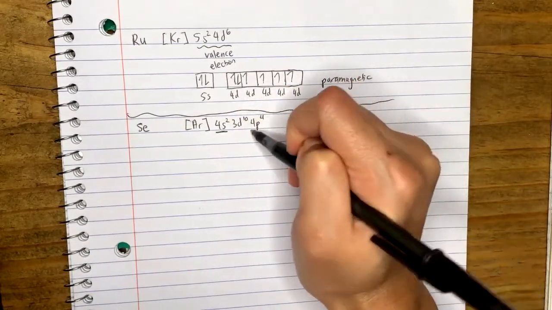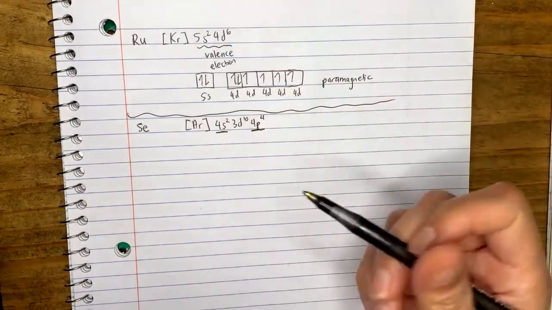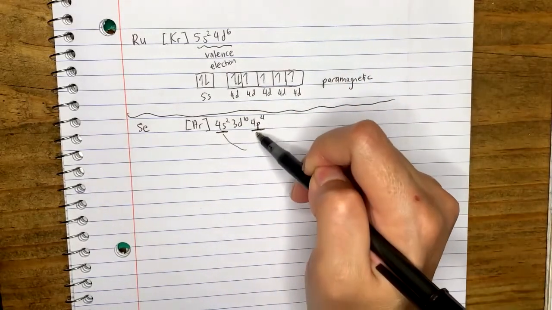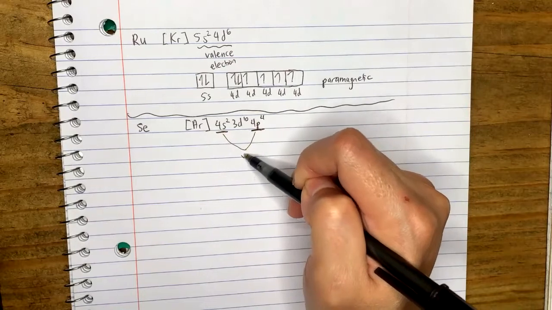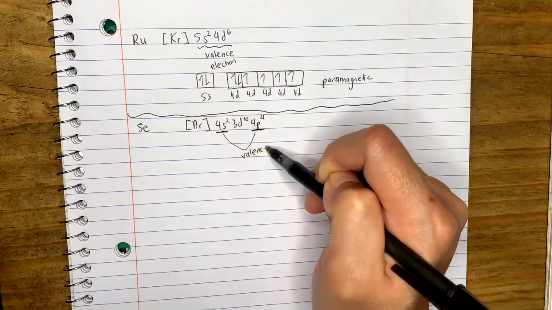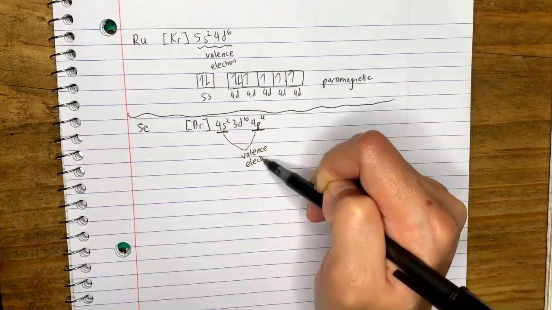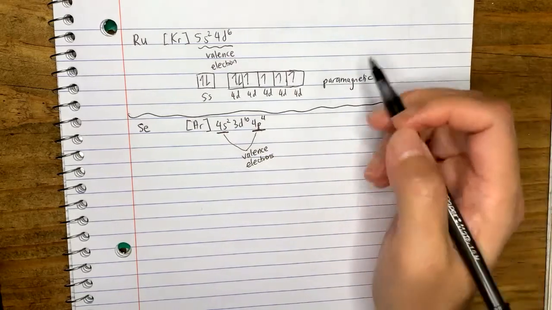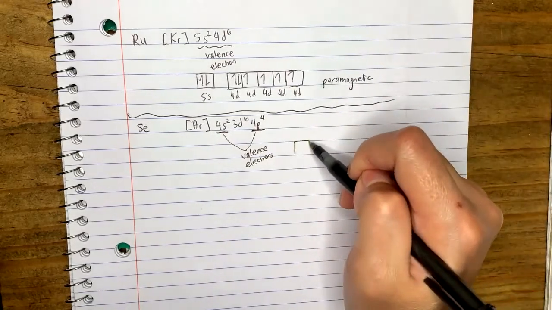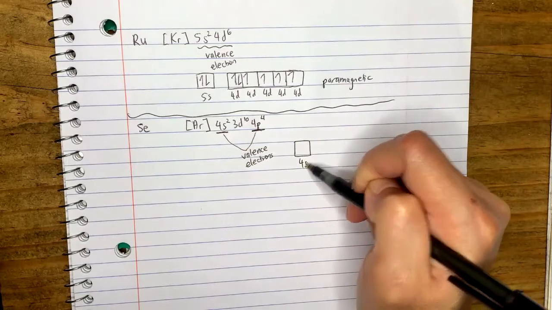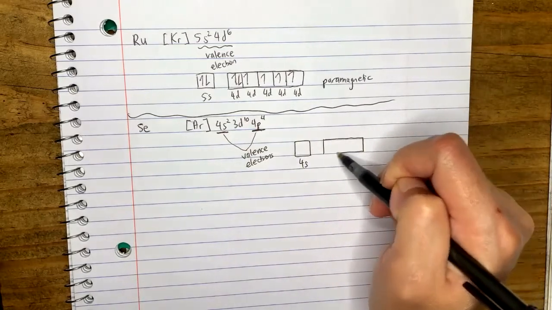These two are the most outside layer because it's the main table, not transition metals. These two are my valence electrons. Okay, so when we draw the valence, we can do 4s, and then we want to do 4p.